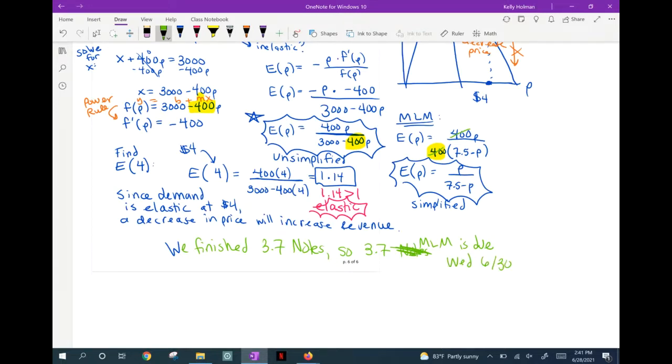But we're going to start chapter 4 and not finish it, so that My Math Lab won't be due. So you only have one My Math Lab due on Wednesday. But it's kind of time intensive, right? So make sure you give yourself plenty of time to do that My Math Lab. Anytime we finish a section in class, then My Math Lab is due the next class.